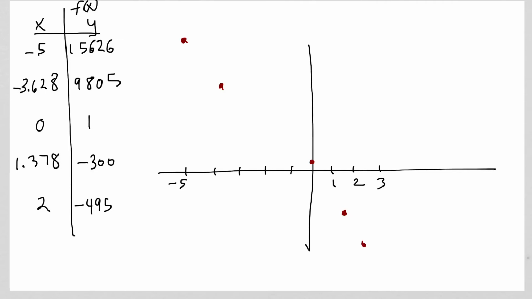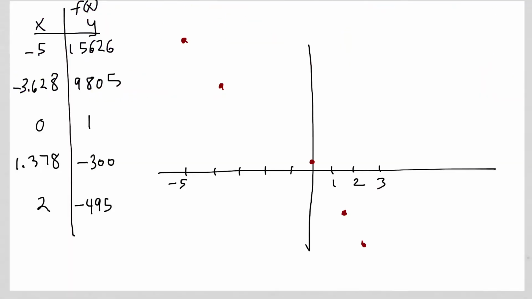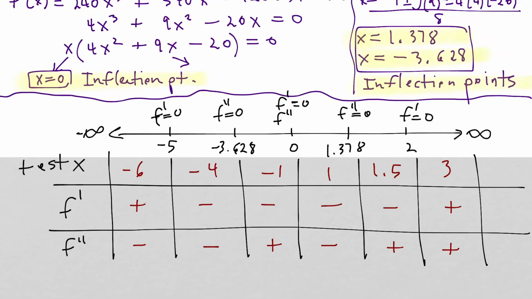So looking at the first interval between -infinity and -5, I'm uphill, concave down. So uphill, concave down. Now between -5 and this was -3.6, I'm downhill, still concave down.